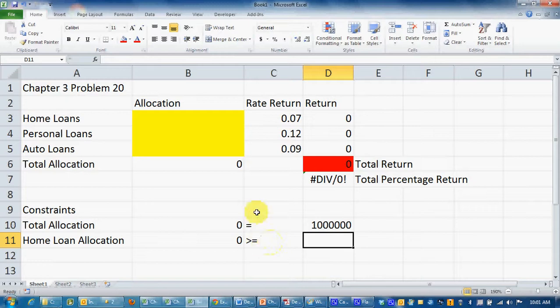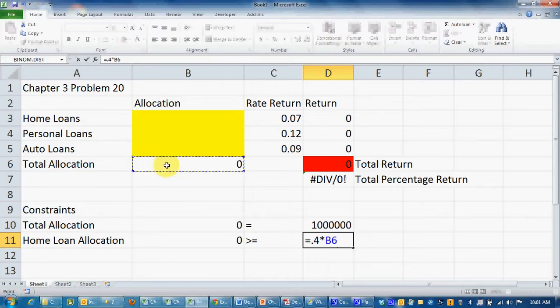Okay, so 40% of total allocation, so it's equals 0.4 times, which is 40% times the total allocation, which is B6.